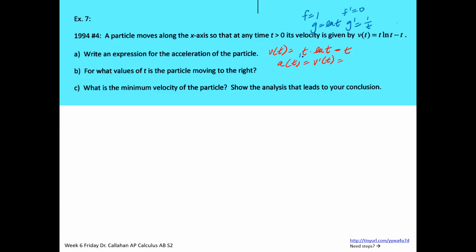So let's take a look at just this part first. Okay, f prime times g is just going to give you 0, so that's not going to do anything. Plus f times g prime. So that's just going to be 1 over t first. Minus the derivative of 1.